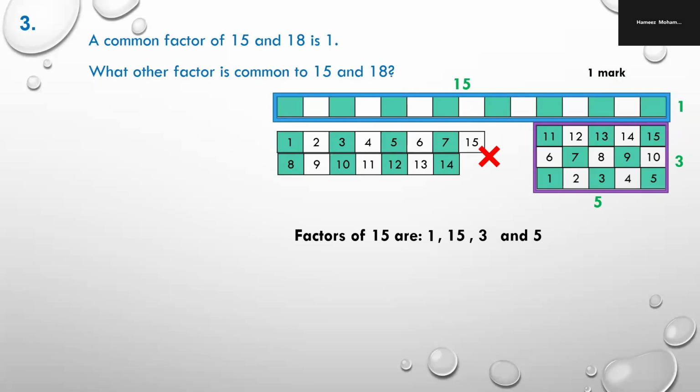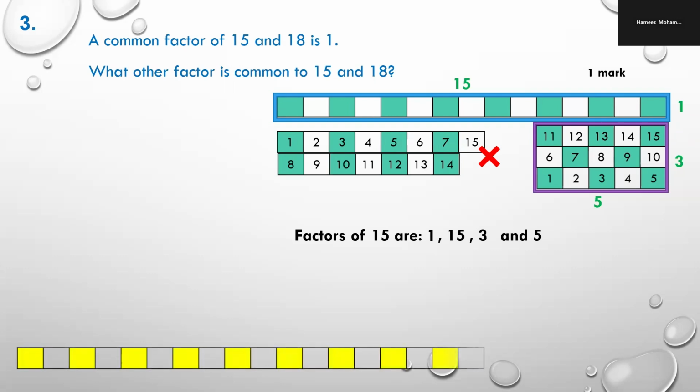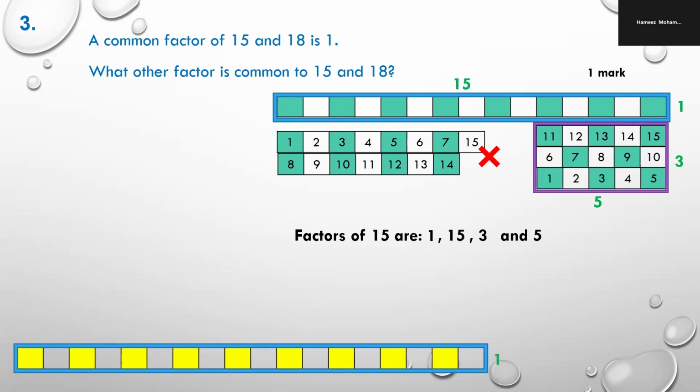Let's do the same with 18. So let's bring up 18 squares down below. And if we have 18 of them, does that form a rectangle if we arrange them long? Yes, it does. And what are the dimensions of this rectangle? 1 by 18.